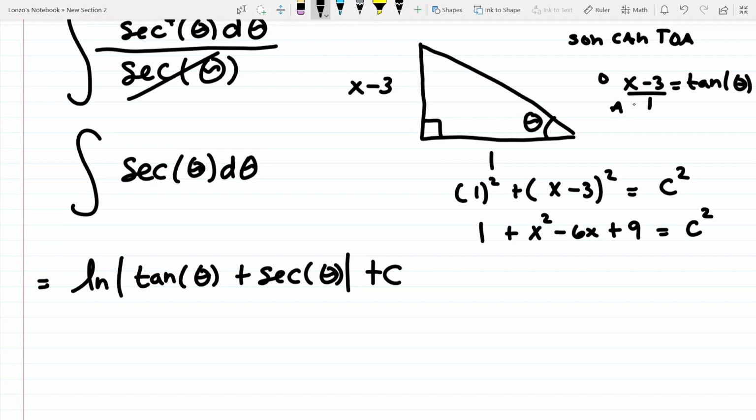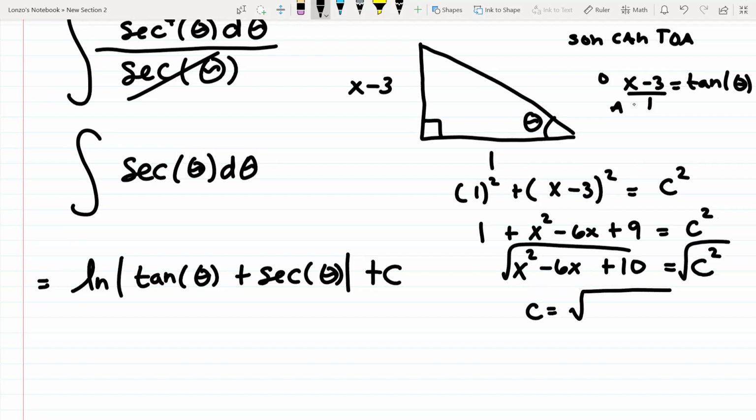And then just clean this up. It's x squared minus 6x, and then 1 plus 9 is 10, equals c squared. Then solve for c, so you take the square root of both sides. So c equals the square root of x squared minus 6x plus 10. Okay, so this hypotenuse is the square root of x squared minus 6x plus 10.